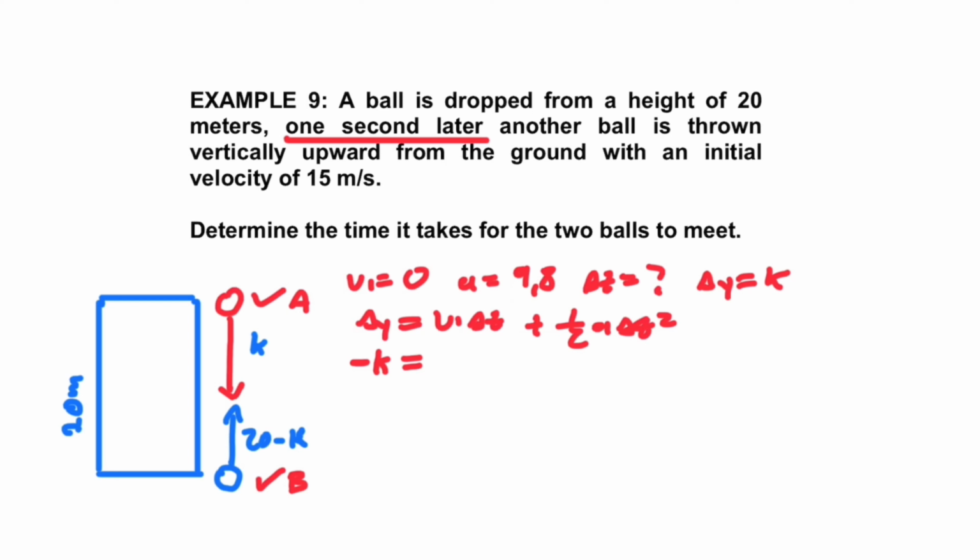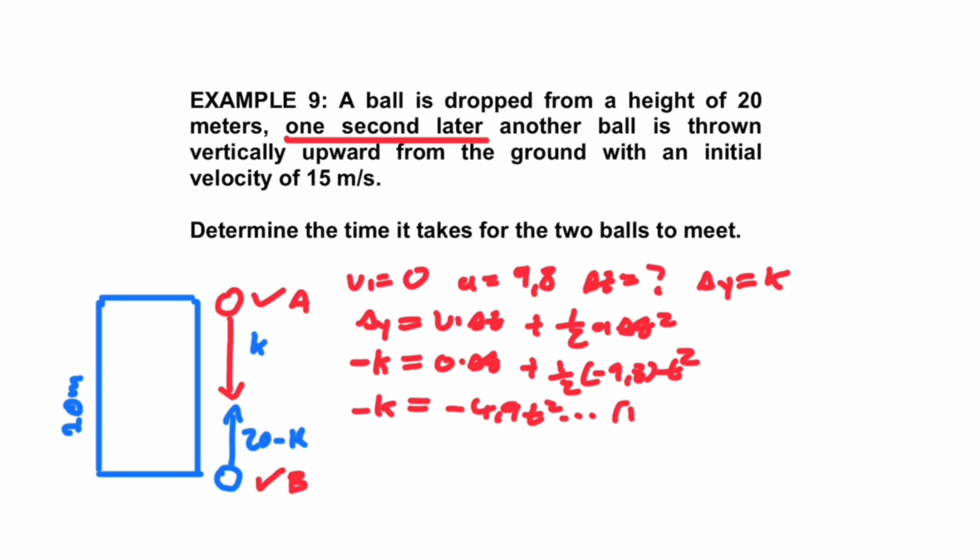So minus k is equal to vi, which is 0, multiplied by delta t, plus a half. The acceleration is minus 9.8 t squared. So let's just use t squared instead of delta t. We're going to have minus k being equal to minus 4.9 t squared. We have two variables, k and t. We call this equation 1.